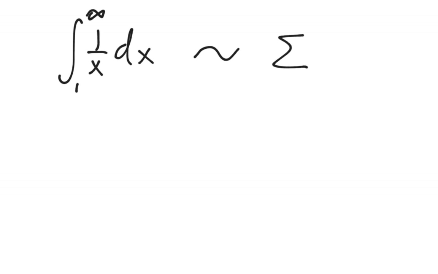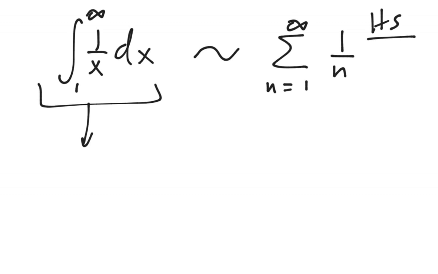A slightly more satisfying way to prove that the harmonic series diverges is to actually do the integral test on it. So let's say that we do the integral of 1 over x from 1 to infinity dx, because remember this is like the summation from n equals 1 to infinity of 1 over n. So here's our harmonic series, and this is the integral representing it. So we're going to integrate this.